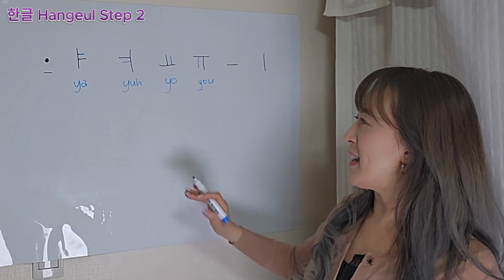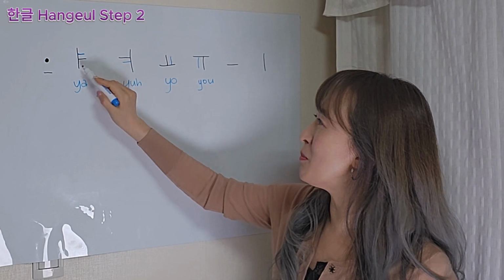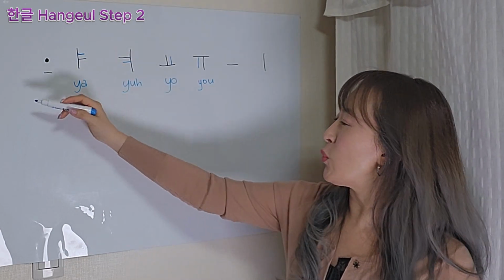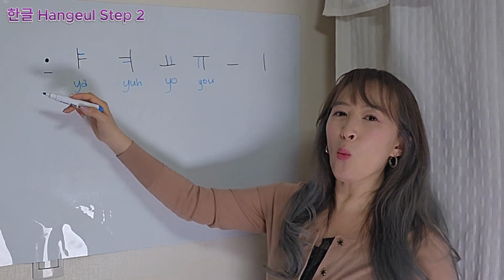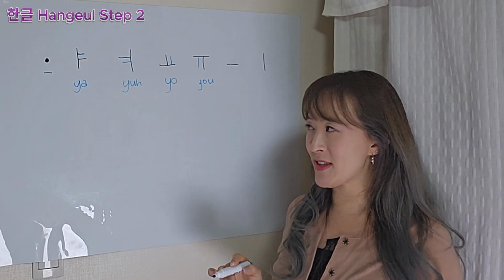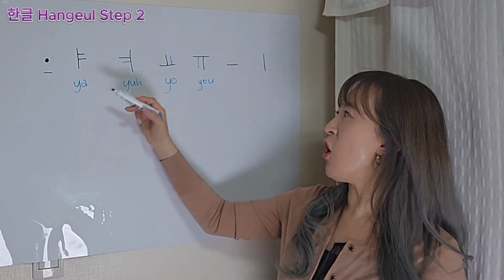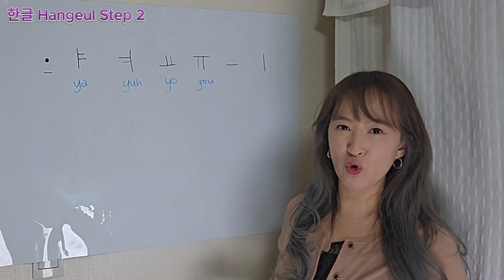So by putting the double lines, it's basically like you're putting Y in the beginning of all the sounds. So ya, yo, yo, you.